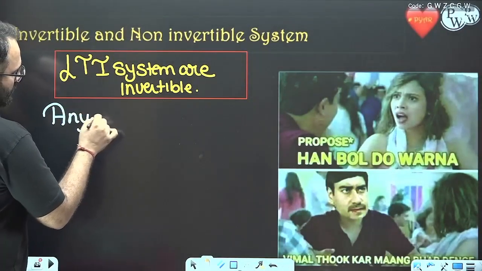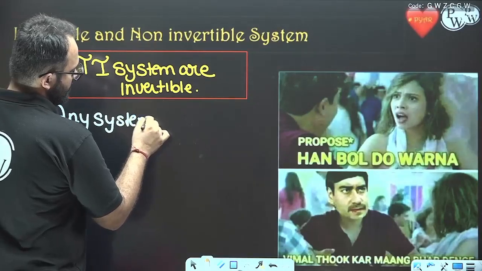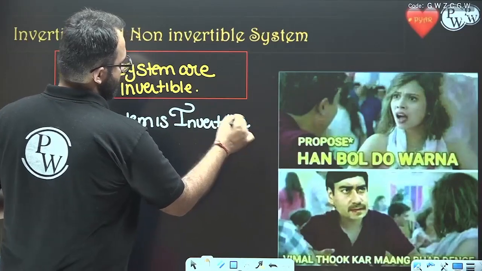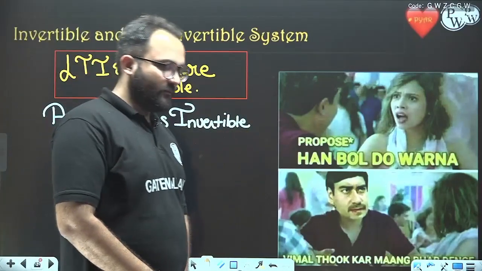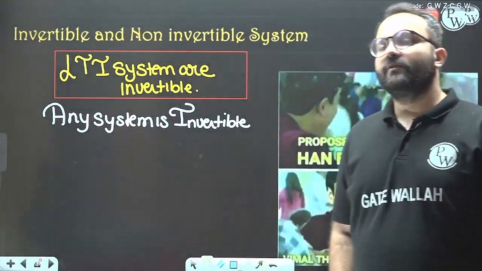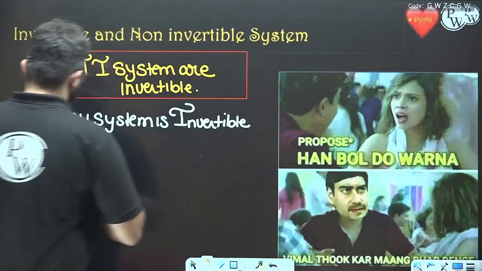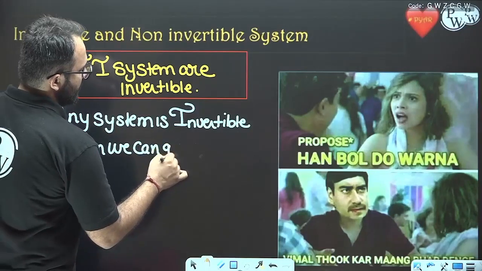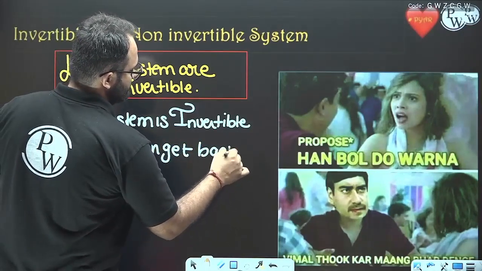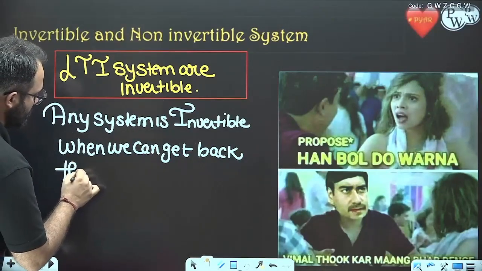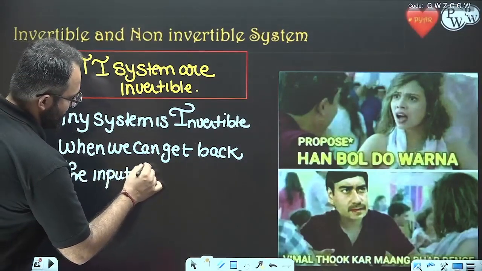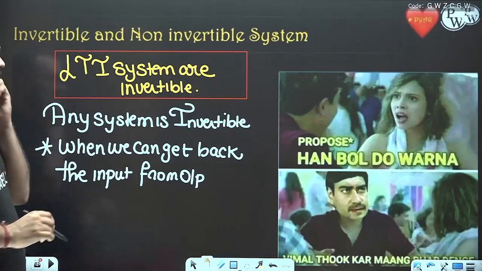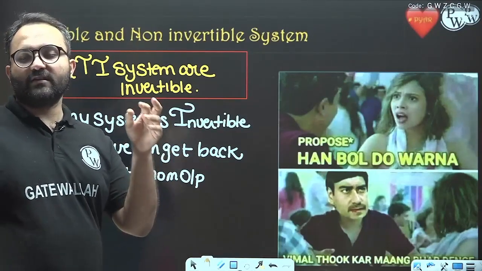Any system is called invertible when we can get back the input from the output. So any system is invertible when we can get back the input from the output.